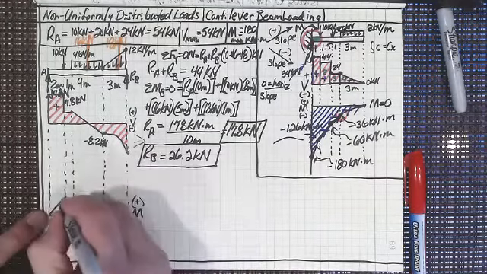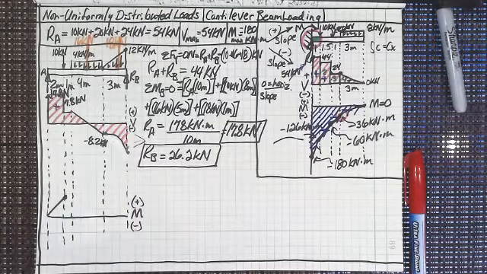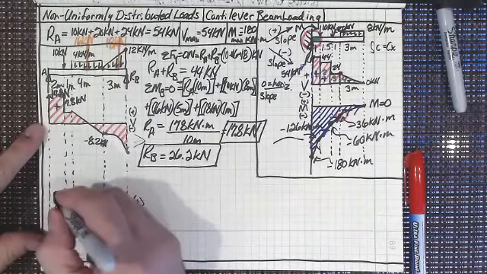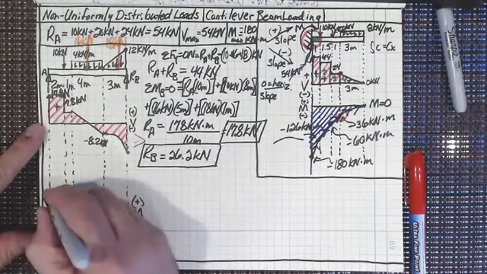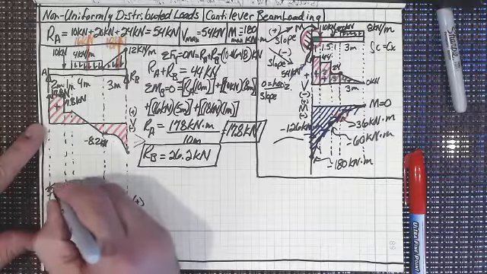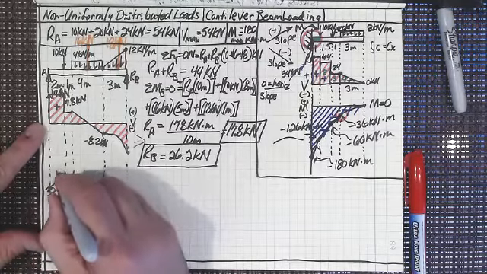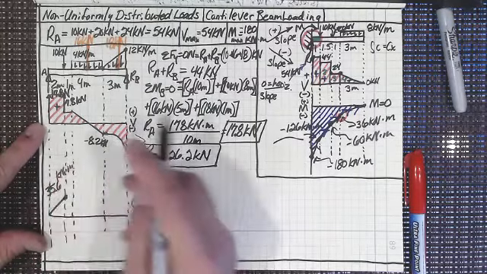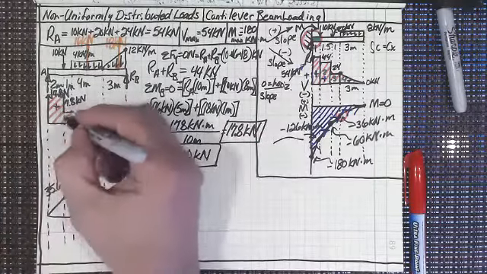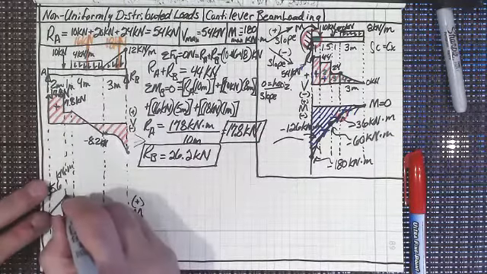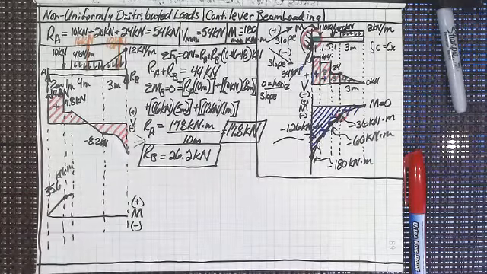Fairly high, right? So we know that that point right there is going to be 35.6 kilonewton meters, right? Okay, now the next one is relatively smaller, so we're going to just draw it like that.